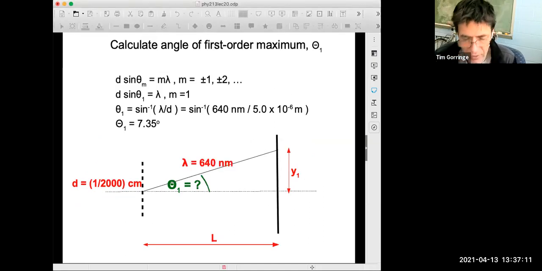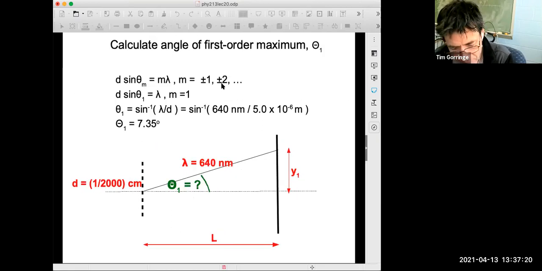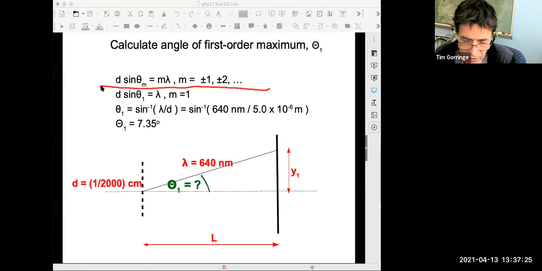Well, it's not a hard calculation once you've got the equation that describes the diffraction pattern. Here's the equation. It relates the slit separation of the grating, the wavelength that's illuminating the grating, and the order of the diffraction pattern to the direction in which you get the bright fringes.